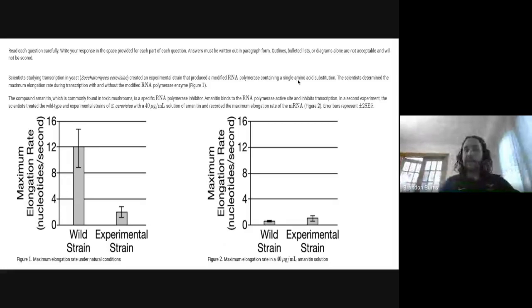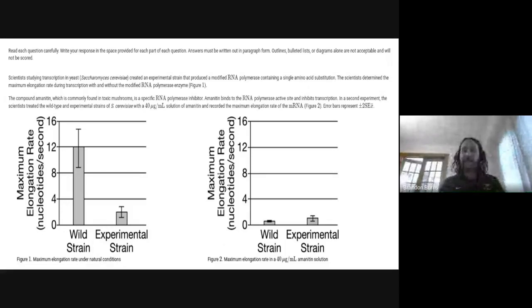If I saw that there was a single amino acid substitution, I might jot down mutations, protein shape, like just the ideas that those things get me thinking about, so I don't have to go back and reread the whole question. So a little bit you're thinking of strategy as you sort of scan the question.